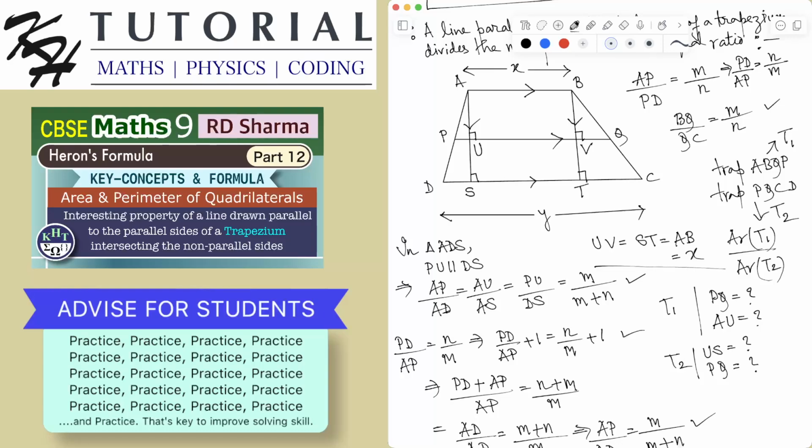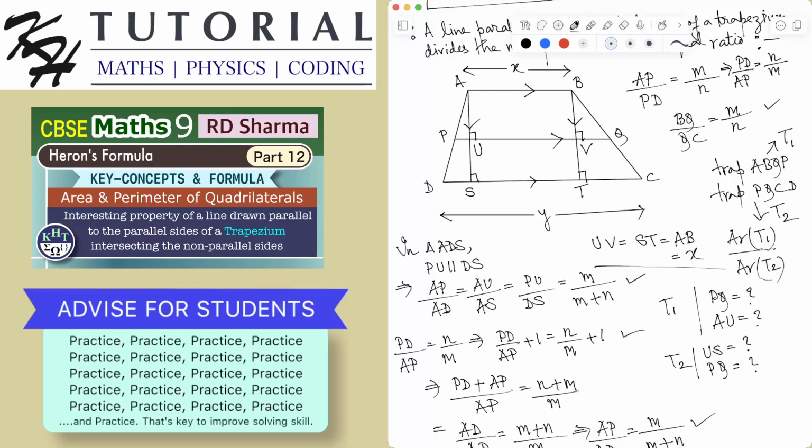I think it is not possible to find the ratio of the trapezium T1 and T2. It will not be independent of x and y, but the ratio of the trapezium T1 and the whole trapezium, that is ABCD, will be purely based on m and n.